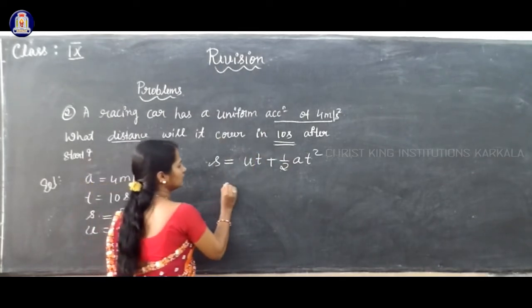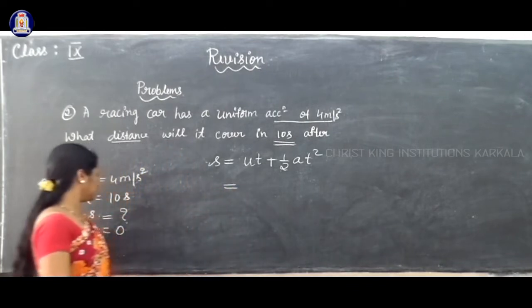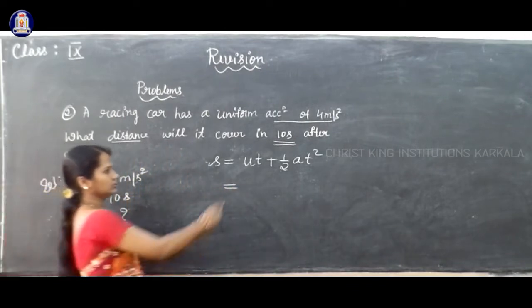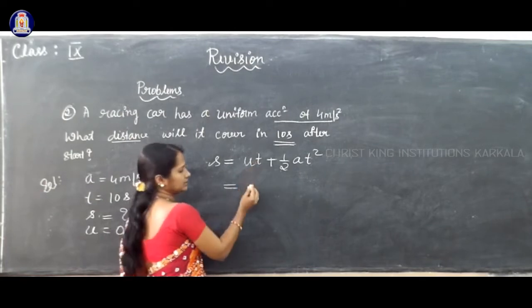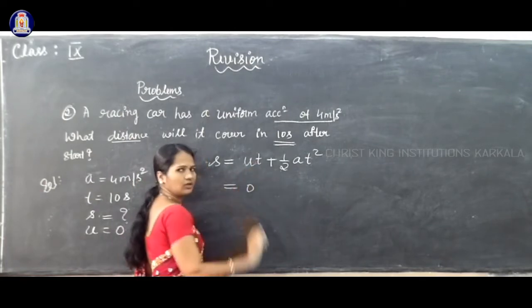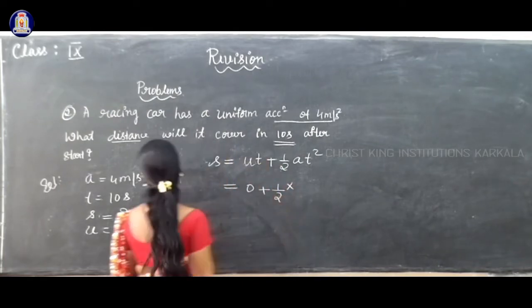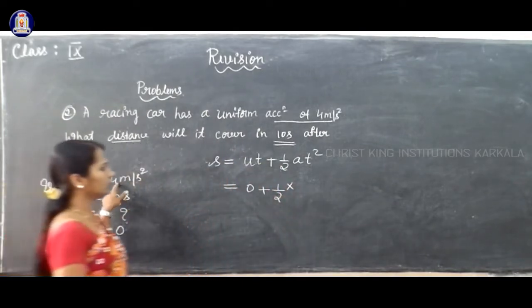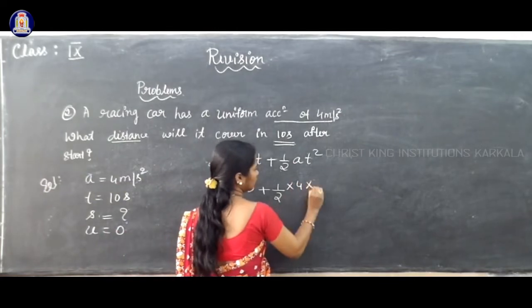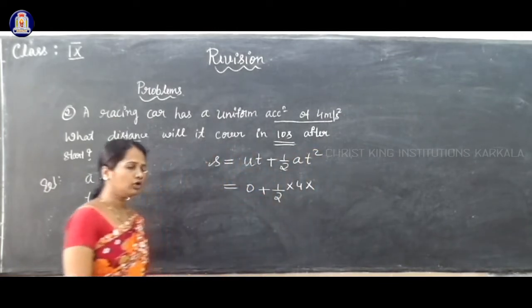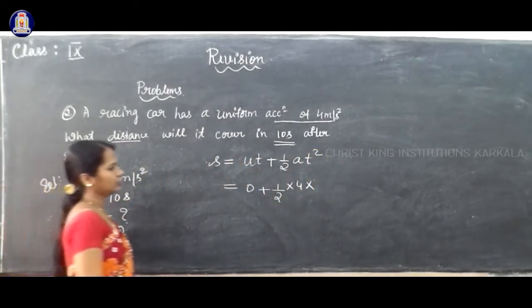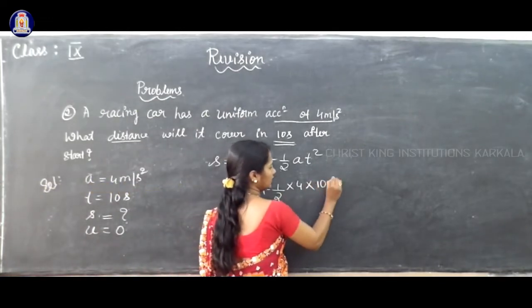Now substitute the values. The value of U is 0, so 0 into T is 0. 0 into something is always 0, plus half into acceleration A equal to 4, substitute 4 into T square. The value of T is 10 seconds, so T square is 10 into 10.